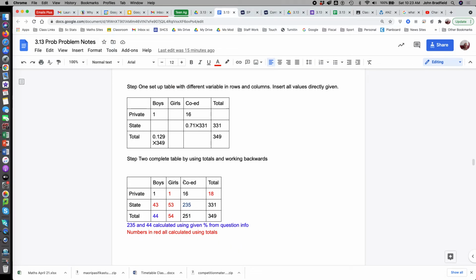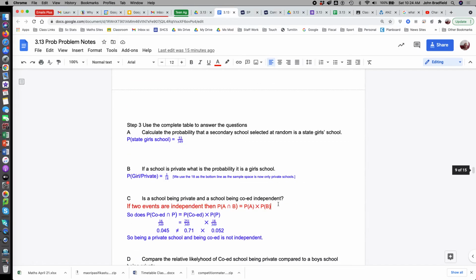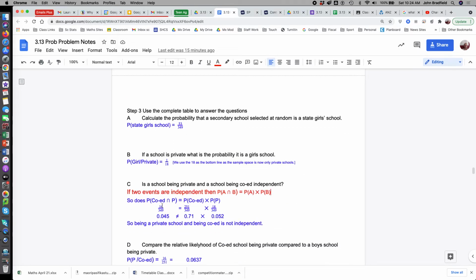Being co-ed is this column here. Being private is this row here. So there are 16 co-ed private schools. So that's your intersection in this case. So this 16 pops up there.